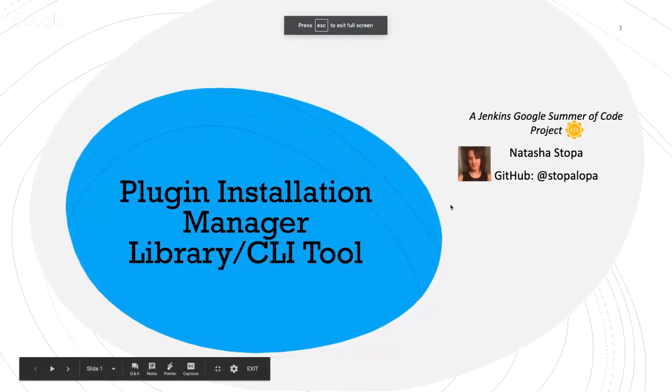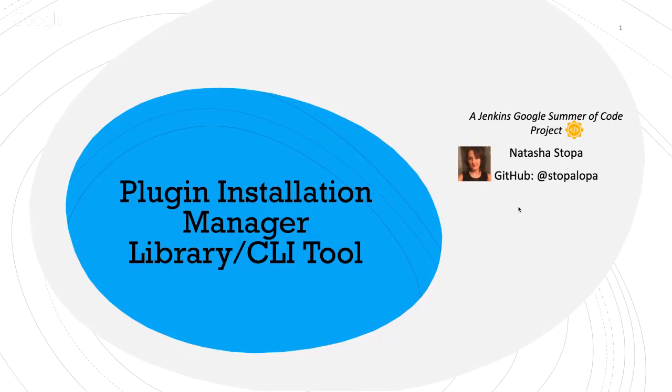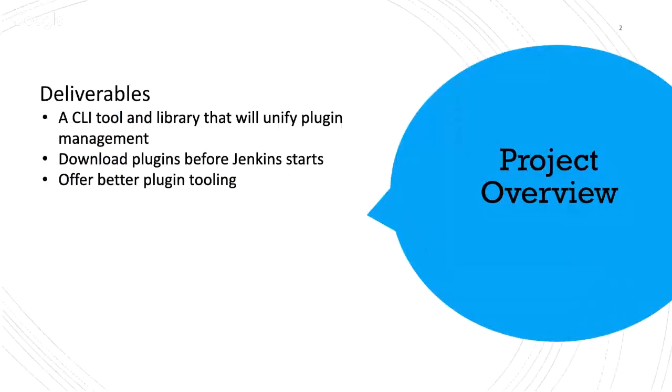So hi, my name is Natasha Stopa, and my Jenkins Google Summer of Code project is the plugin installation manager library / CLI tool. Just a quick overview of my project. There's sort of 2 main parts. There's the CLI tool, which will allow users to have more control over which plugins they want to download and use for a Jenkins instance, and more easily see information about specific plugins.